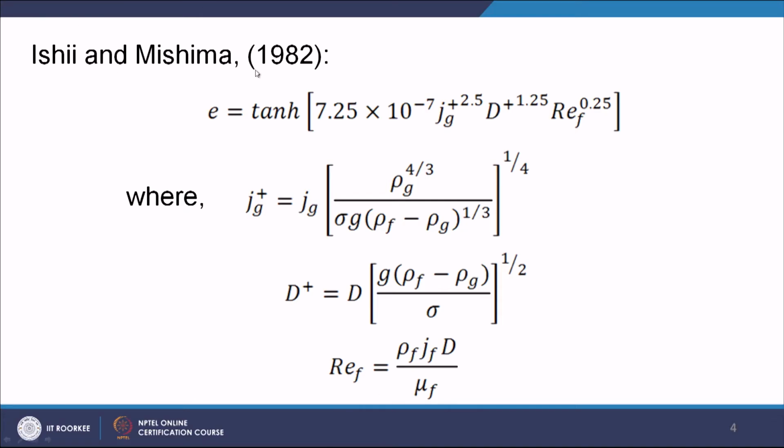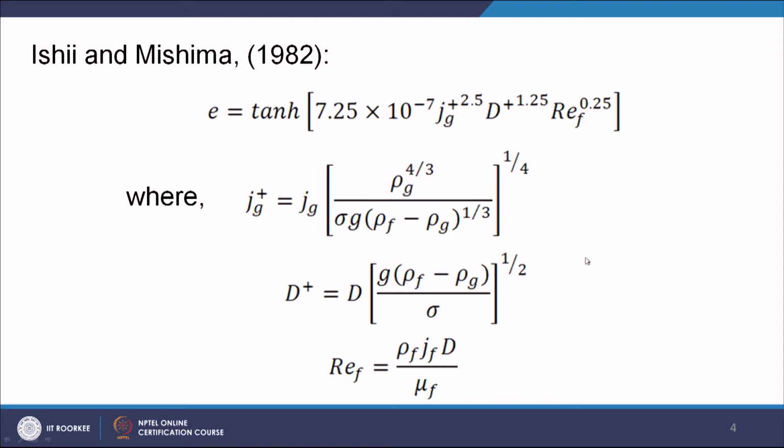What they said is that E can be characterized as tanh of 7.25 into 10 to the power minus 7 Jg plus to the power 2.5 into D plus to the power 1.25, multiplied by Ref to the power 0.25. This is not Jg, this is modified Jg, I will be telling you next. D plus is also a modified, non-dimensionalized diameter, and Ref is the liquid Reynolds number.